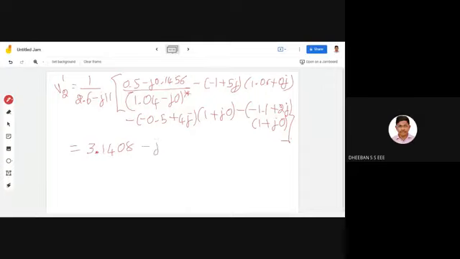Minus J11.44. Okay, so divided by this value 2.6 minus 11J. So you'll be writing the polar form as 1.0496.